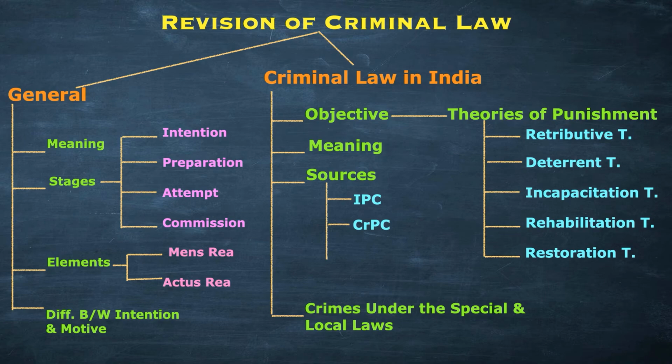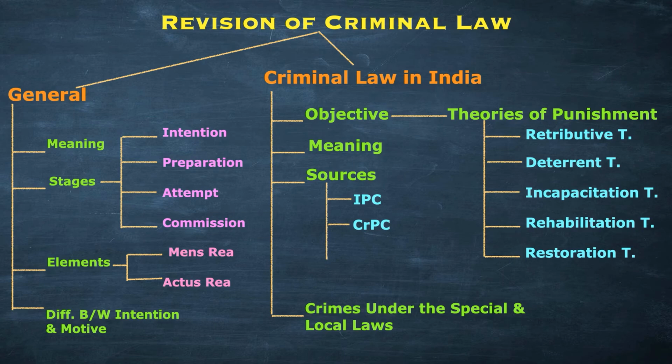Under this Criminal Procedure Code, we have discussed the different types of crime like bailable, non-bailable, cognizable, non-cognizable, compoundable, non-compoundable. So these are the types of crime based on the degree of crime.